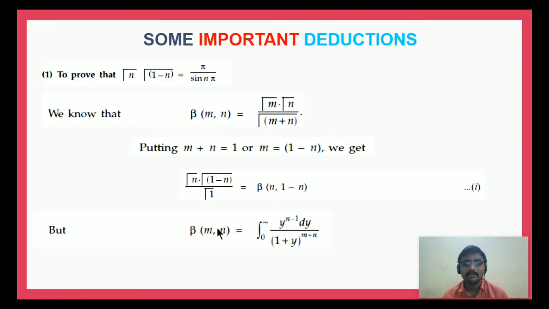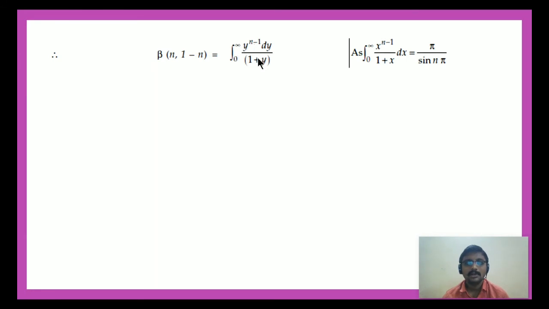But we have beta of m, n as integral 0 to infinity y power n minus 1 upon (1 plus y) whole power m plus n dy. So beta of n comma 1 minus n is integral of 0 to infinity y power n minus 1 upon (1 plus y) dy, as integral of 0 to infinity x power n minus 1 by (1 plus x) dx is pi by sine n pi.